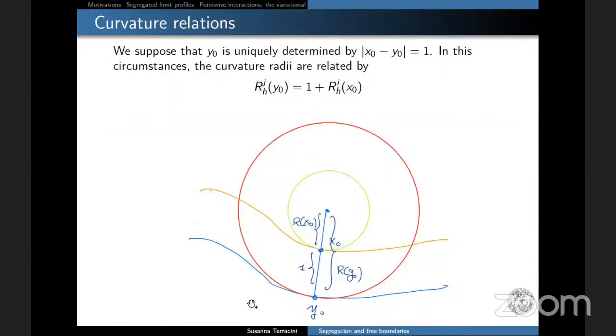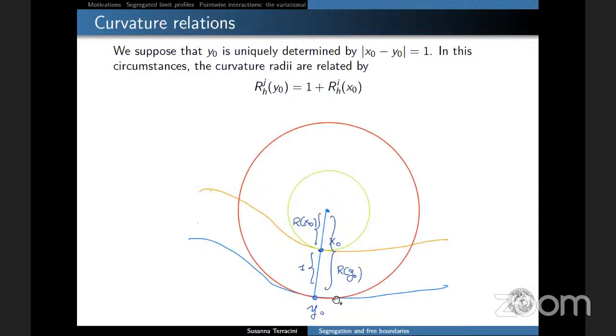In this case, there are only two components interacting, and the boundary of the positivity set of one component is a graph over that of the other component; they are both graphs over the tangent at some point.